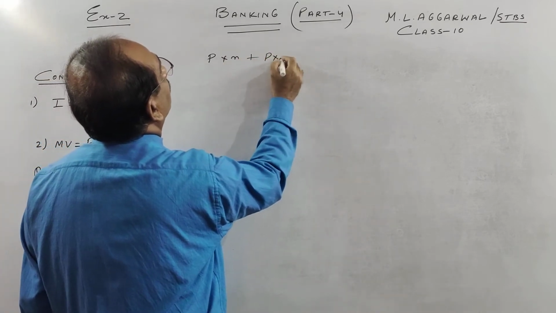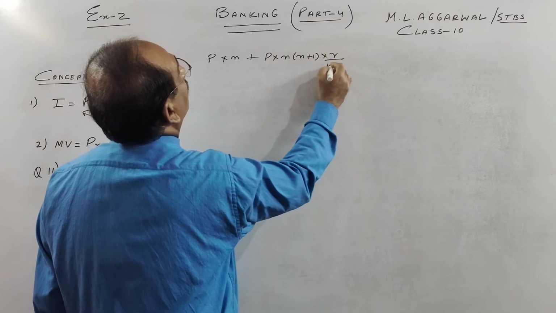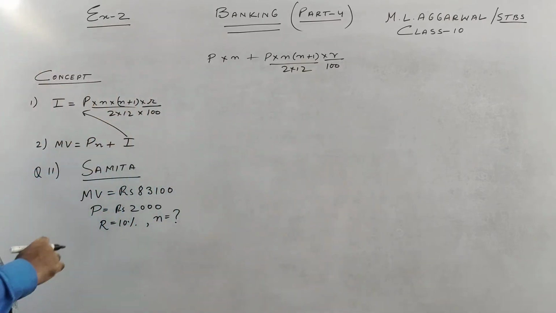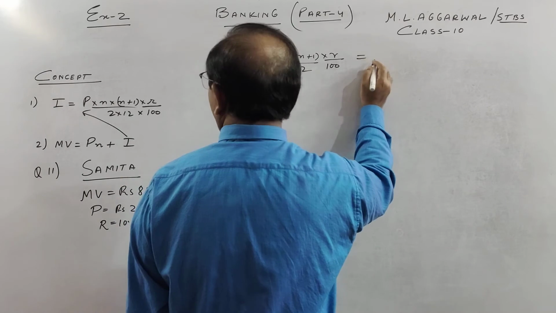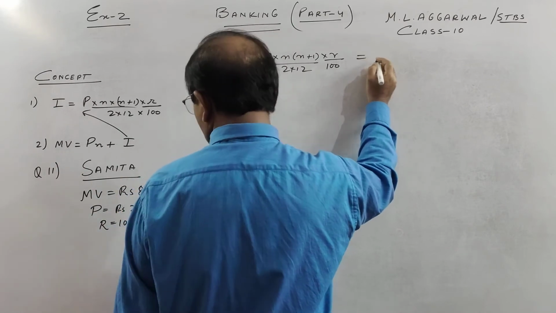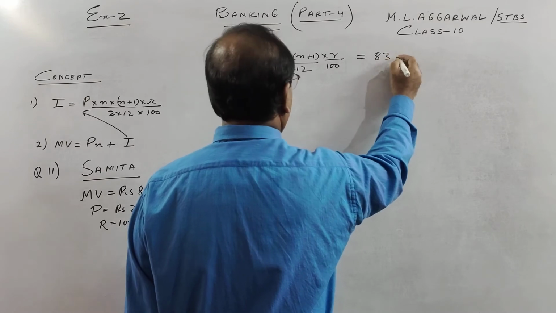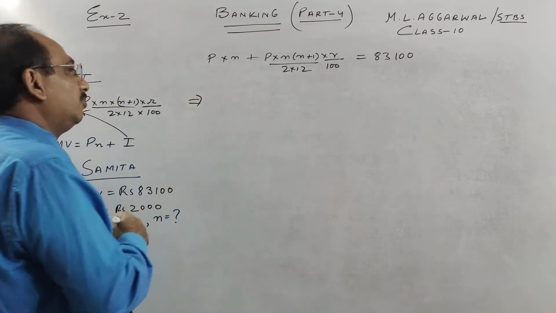So P, this is the interest, and n plus 1 into R by 100, 2 into 12. So these two formulas, remember, children, remember nicely, because all the sums, 4 varieties of sums, finding maturity value, finding interest, finding installment, all use the same mother formula.